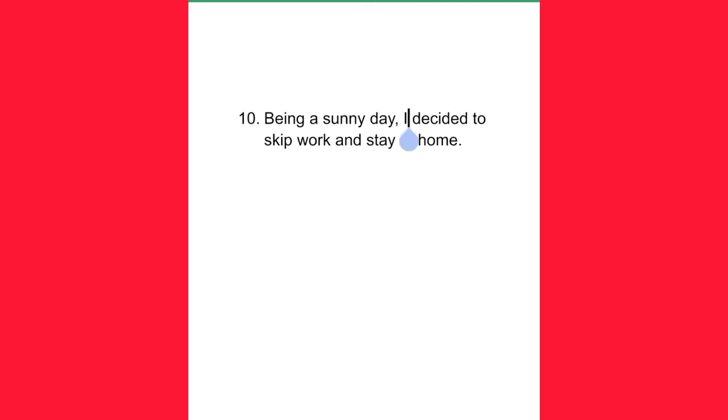Here, this I and being should be perceived in close association with each other. Let me give you another example so that you can understand it better. Being a sincere student, you must obey your teachers.